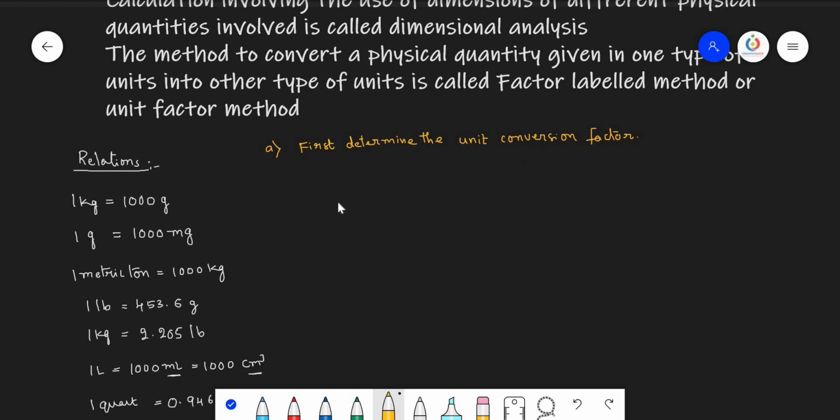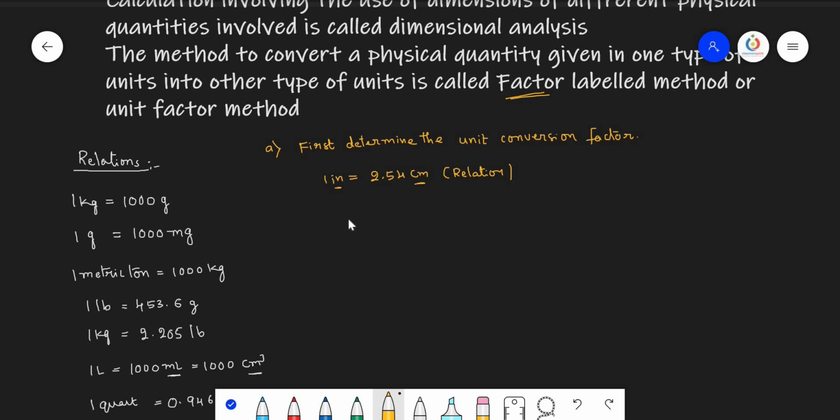How to develop one factor? Let us see here. 1 inch is equal to 2.54 centimeters. What is this? It is a relation between two different units, inches and centimeters, and from this we have to develop a factor.